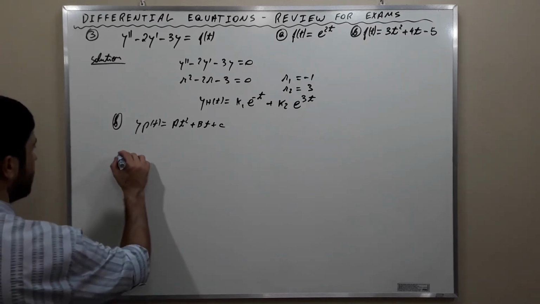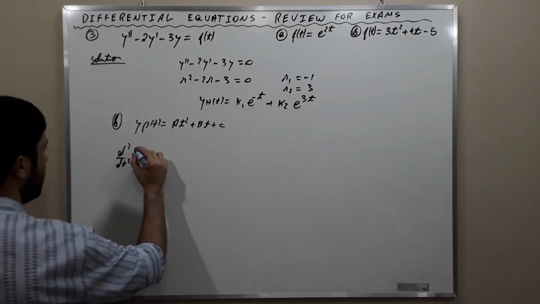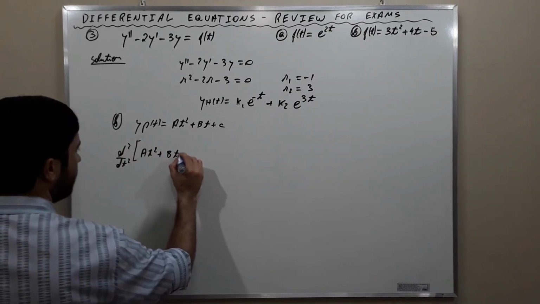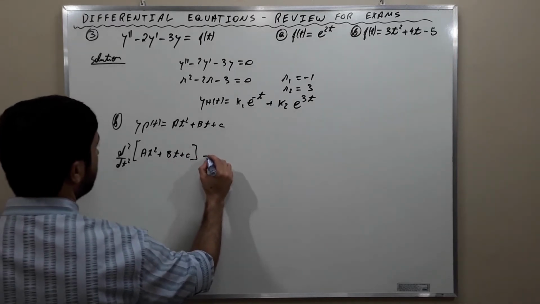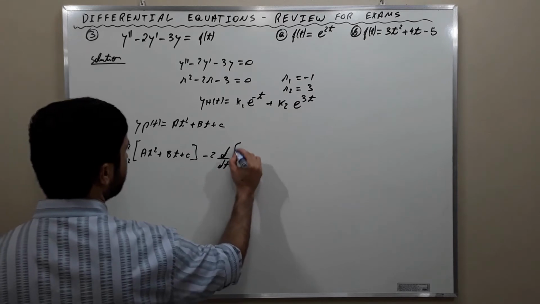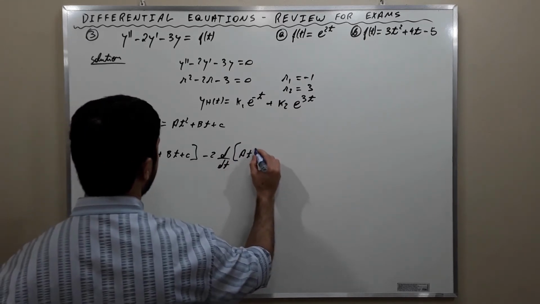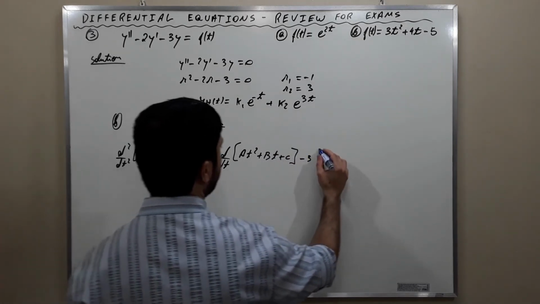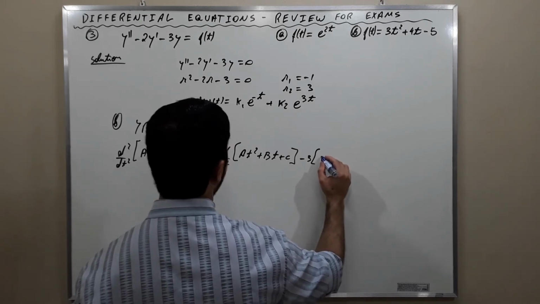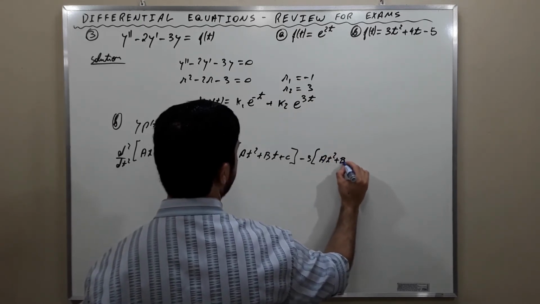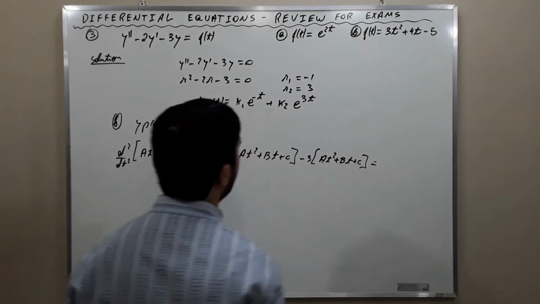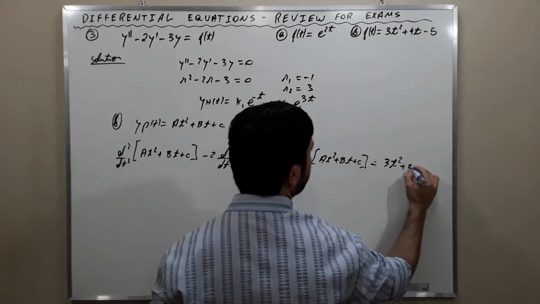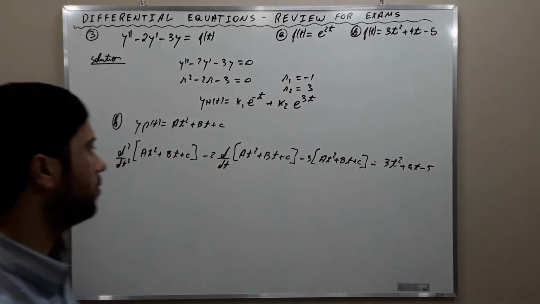So it is going to be the second derivative with respect to time of at squared plus bt plus c minus 2 times the derivative with respect to time of at squared plus bt plus c minus 3 times the at squared plus bt plus c, and this has to be equal to this forcing term here, 3t squared plus 4t minus 5. And we need to develop this.